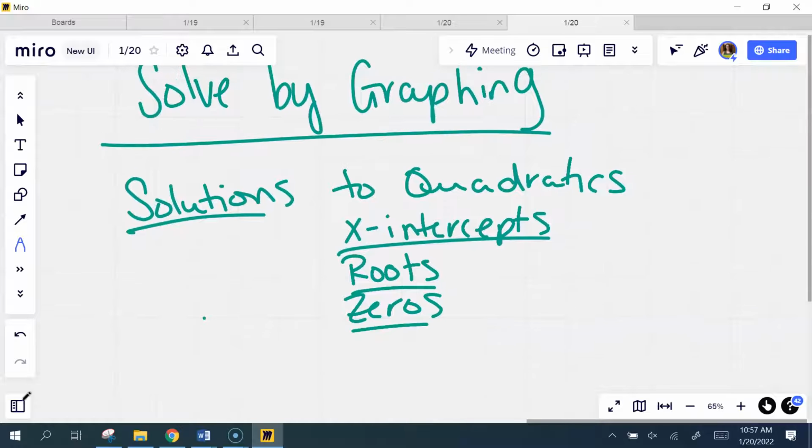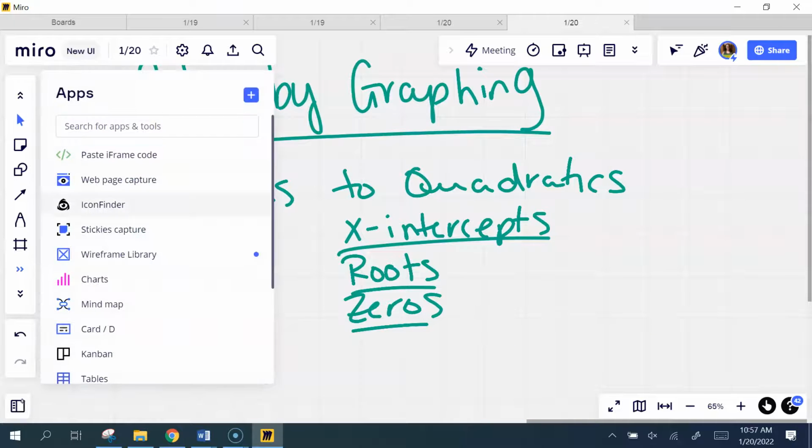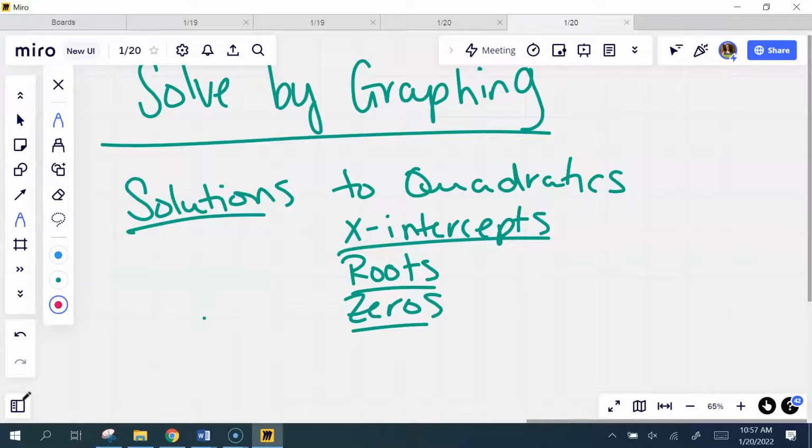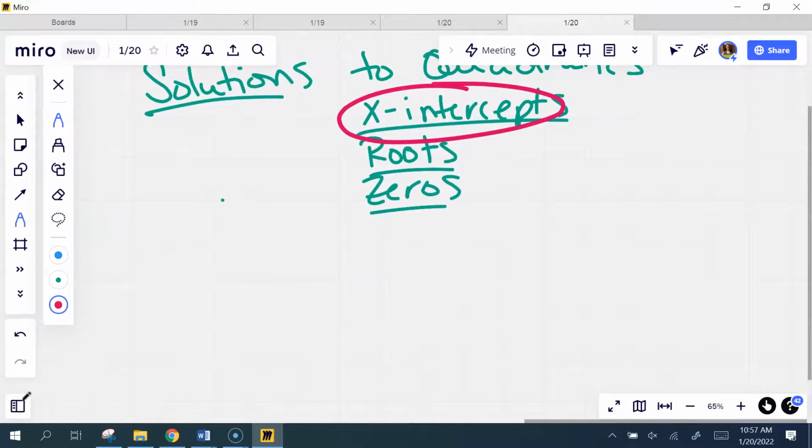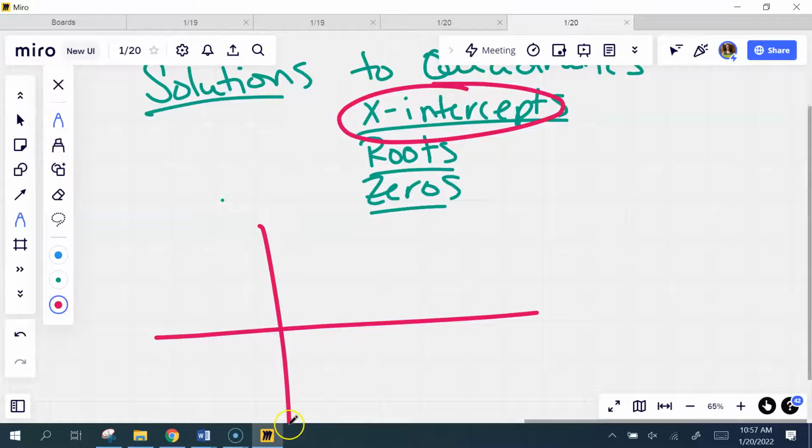If a solution is where it crosses the x-axis, let's think about a parabola. The solutions are occurring here and here, right? When we found these algebraically, we set that equation equal to 0. Remember that?